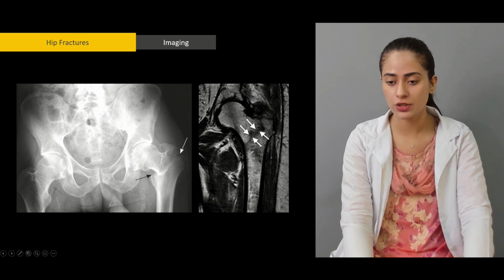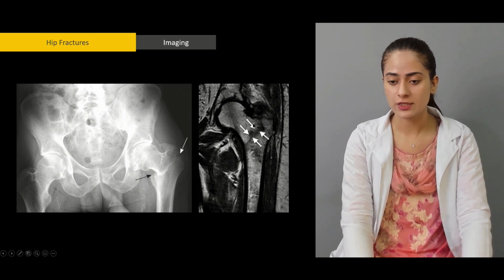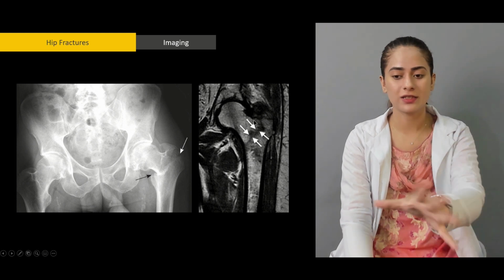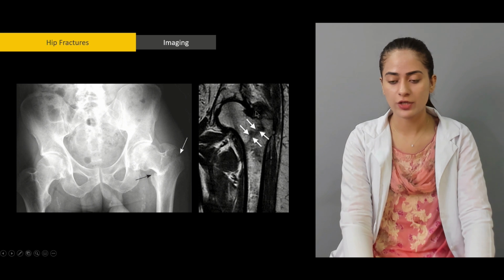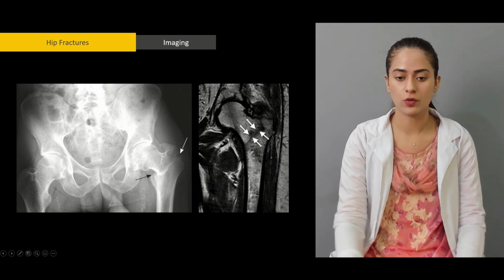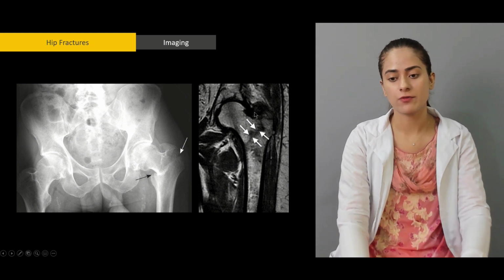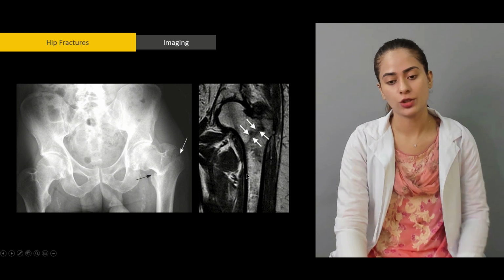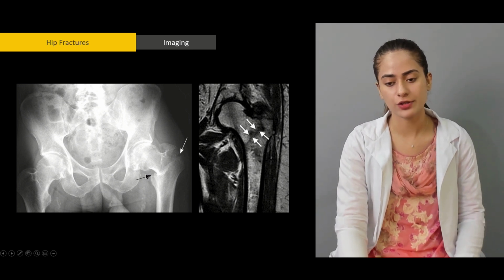From here to here, it's not in continuation with the rest of the bone anymore. So this is a fracture of the femur, how it appears on an X-ray and how it appears on an MRI.